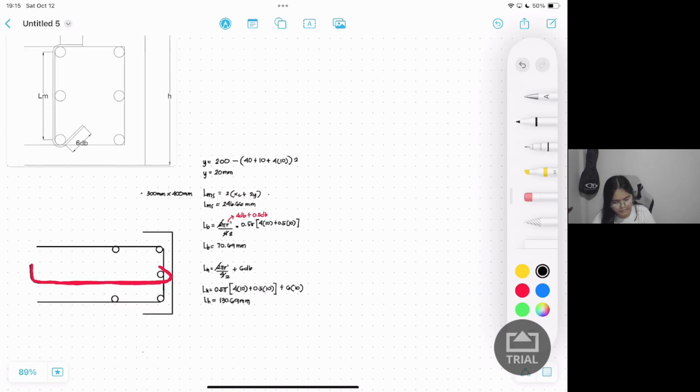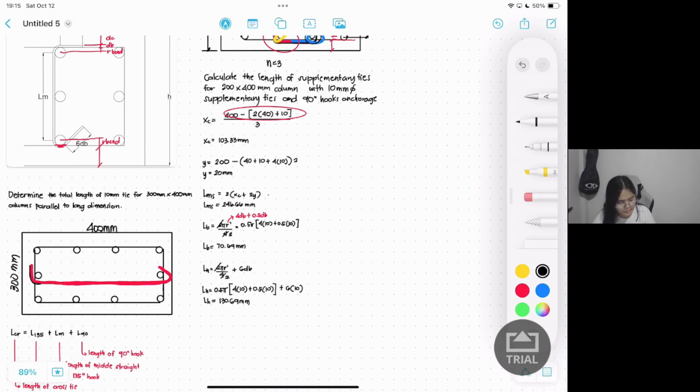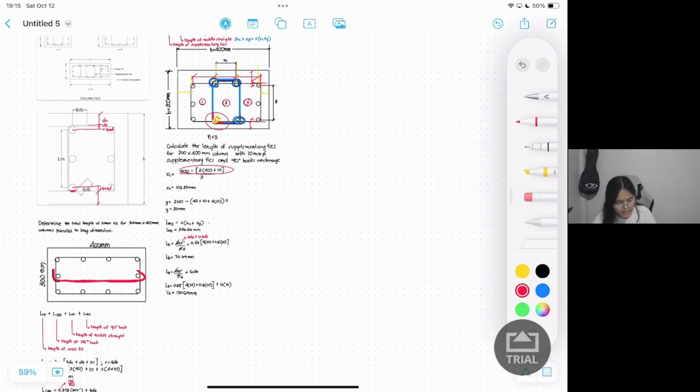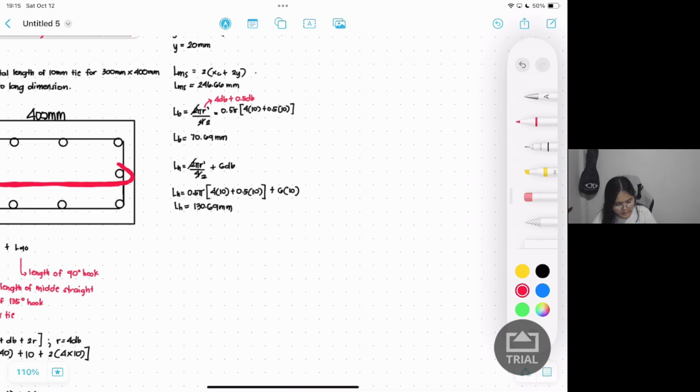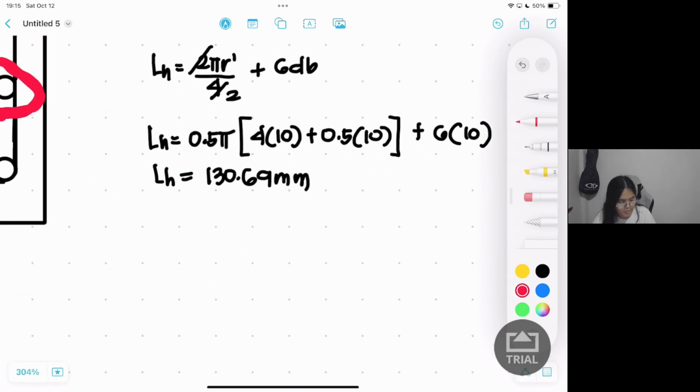Then, finally, pwede na nating makuha yung length ni cross tie. I mean, yung supplementary ties. So, again, length of supplementary ties is equal to LM plus tatlong corner plus dalawang hook length. Okay?